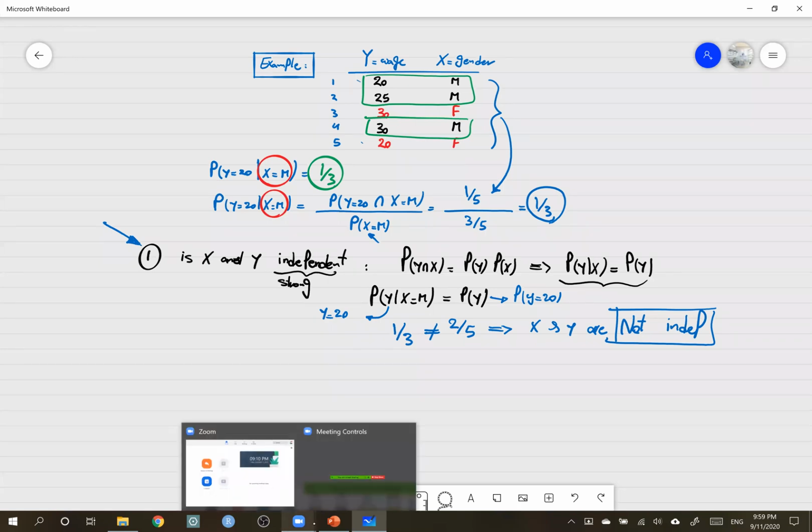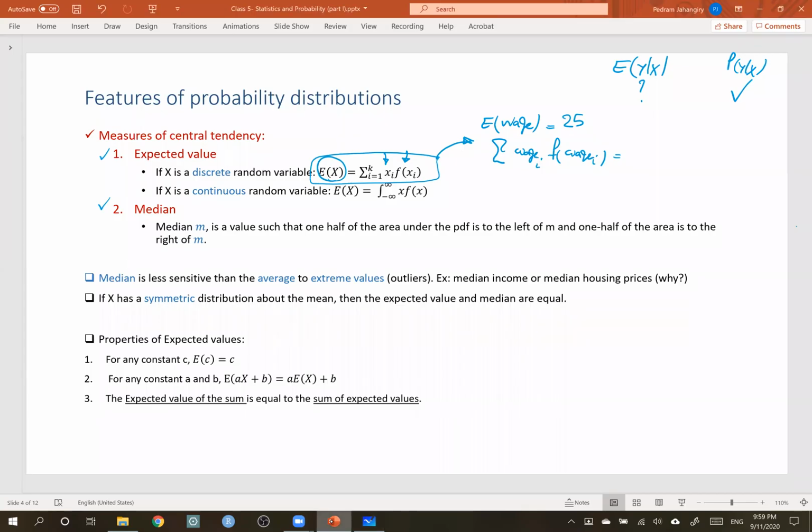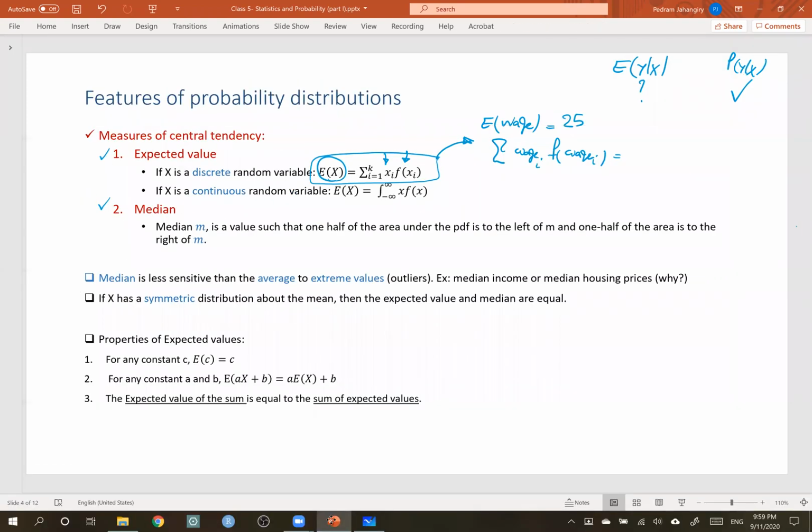All right. So we know the WIs, we know the F of the WIs, which are the probabilities, right? Remember, for 20, it's 2/5. For 25, it's 1/5. For 30, it's 2/5, right? So let's do the math here. So it's going to be equal to, for 20, it's 2/5 plus. For 25, I think we had one of them, 1/5.